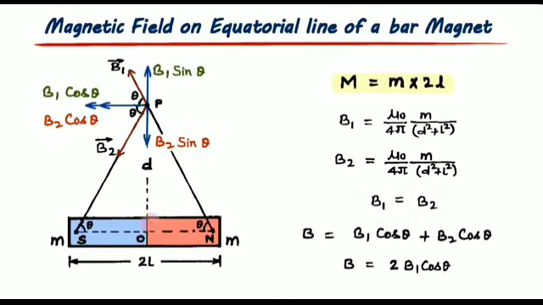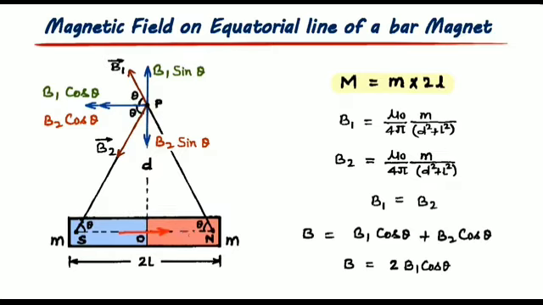Now substitute that in the right angle triangle P O M, where the angle cos theta is formed.